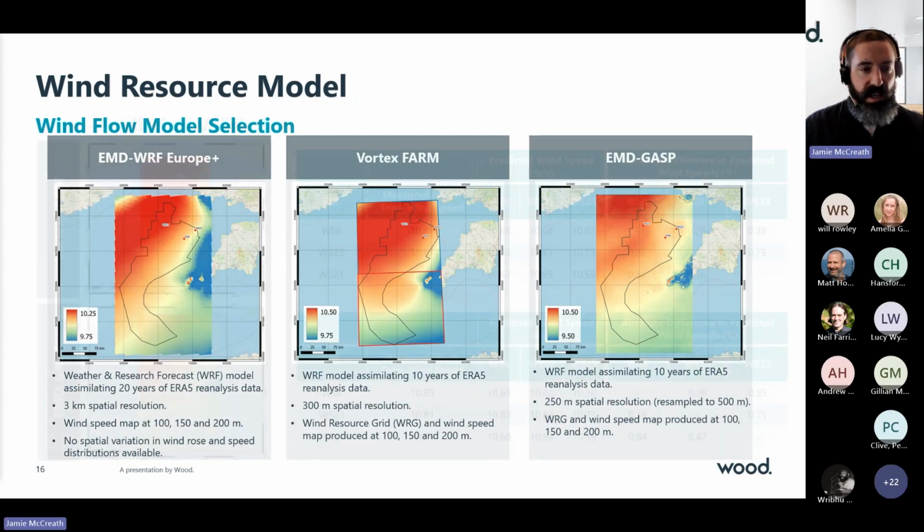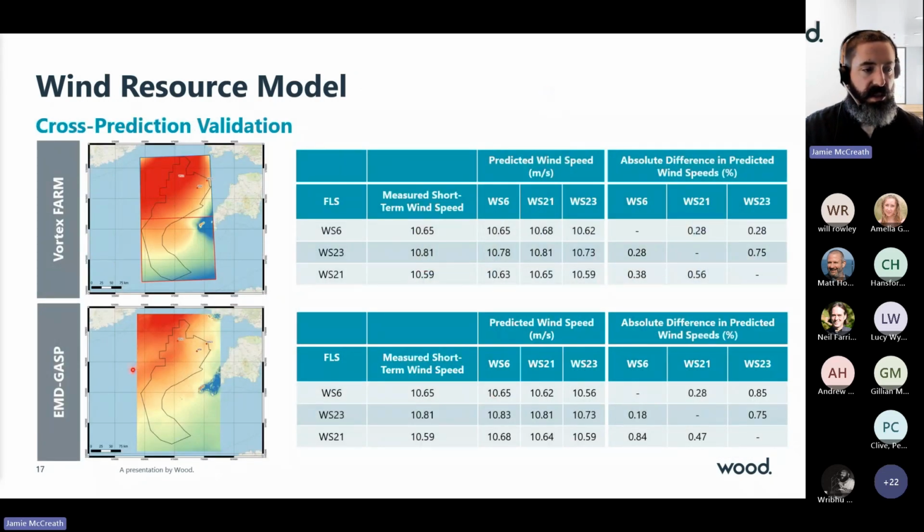The next stage, once we decided to continue with the ENGIE and the Vortex farm data sets, we ran some cross prediction analysis. So this is basically testing the validity of the model and how well the model predicts wind speeds at the LiDAR locations. So what we do is, if we take WindSea 6 as an example, we know that the short-term mean wind speed from the data set we fed in was 10.65.